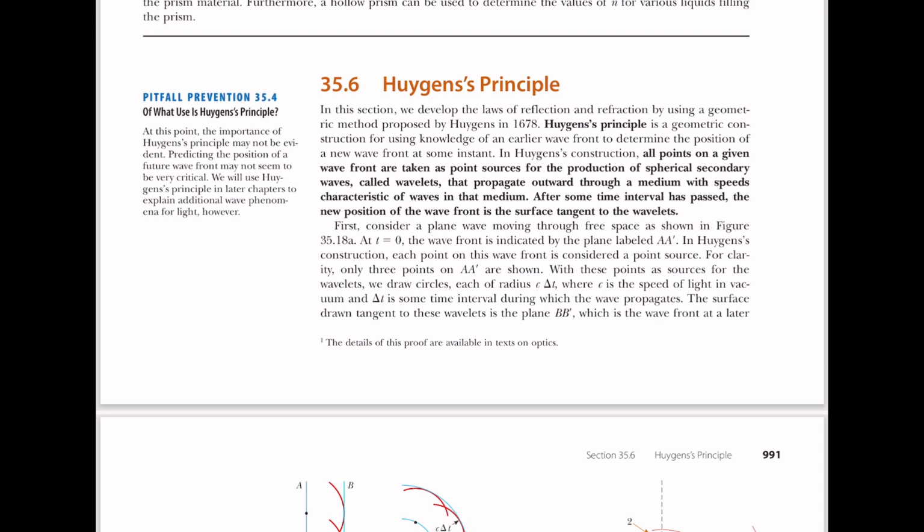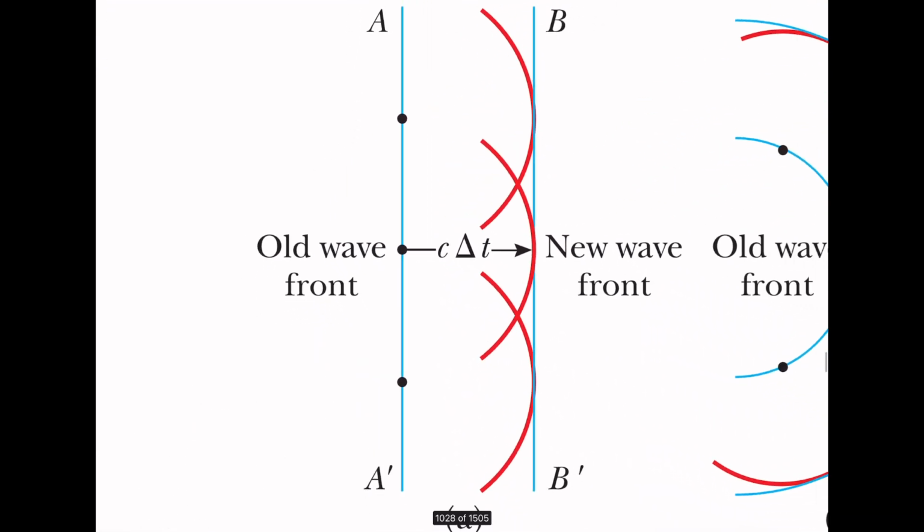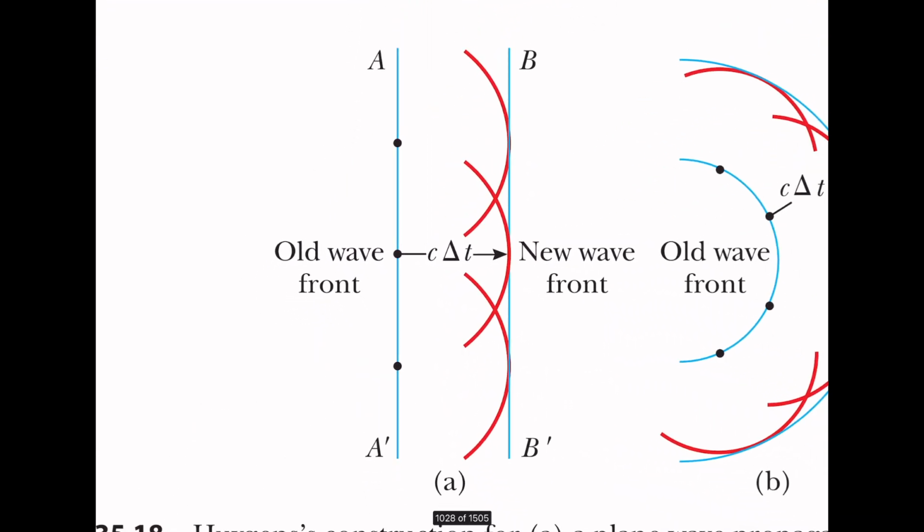So in Huygens' construction, each point on this wavefront is considered a point source. For clarity, only 3 points on A A prime are shown. And you can see the 3 points here. Each of those points is the center of that red circle that you see kind of on B prime.